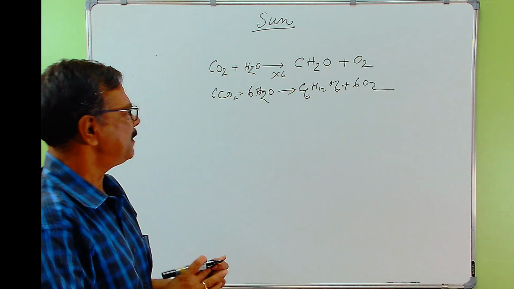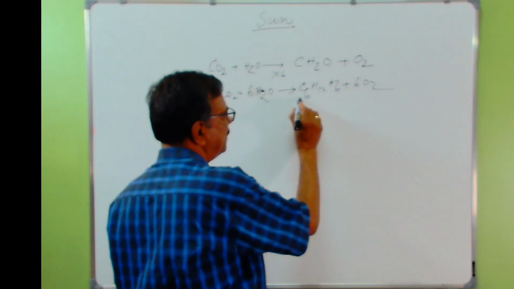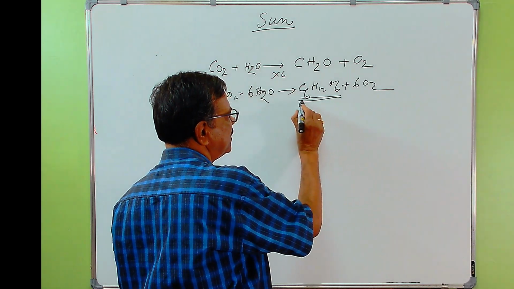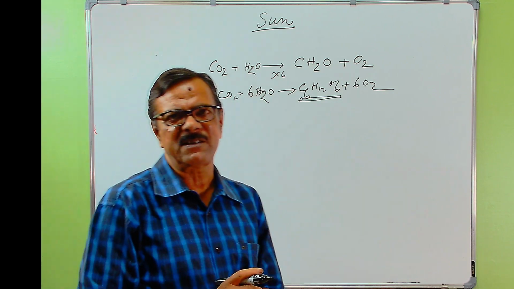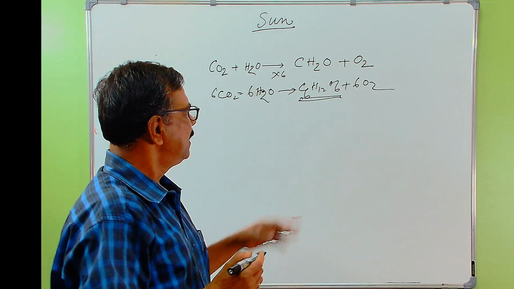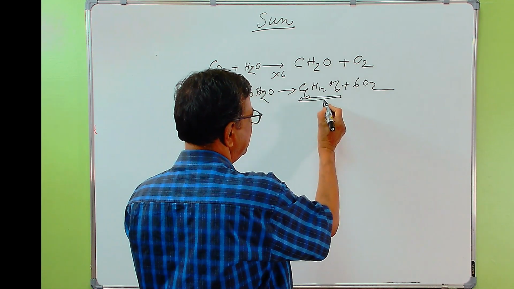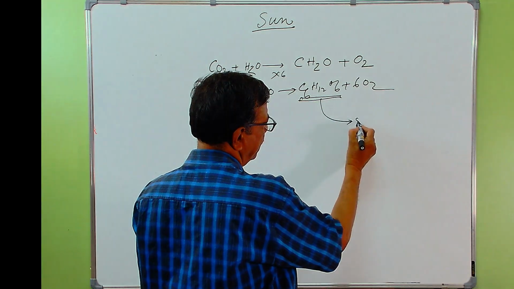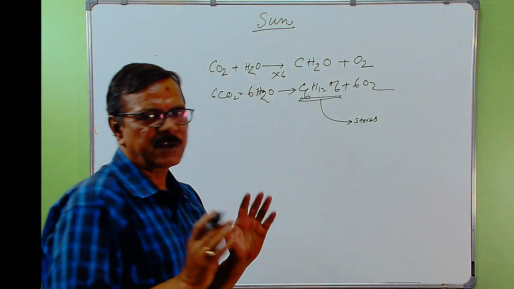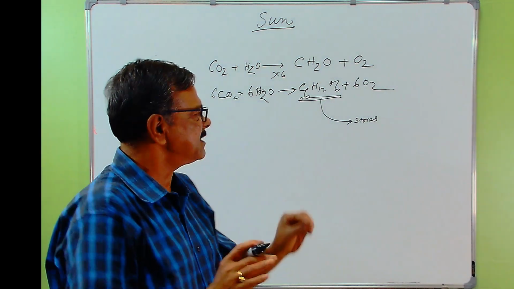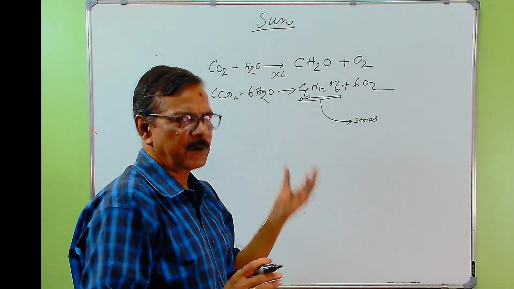For a long time it was recognized that in the plant, these two things were discovered. That is, glucose was discovered first. As a result, this glucose is stored in the plant. It was recognized by tests by the scientists that some glucose is produced.